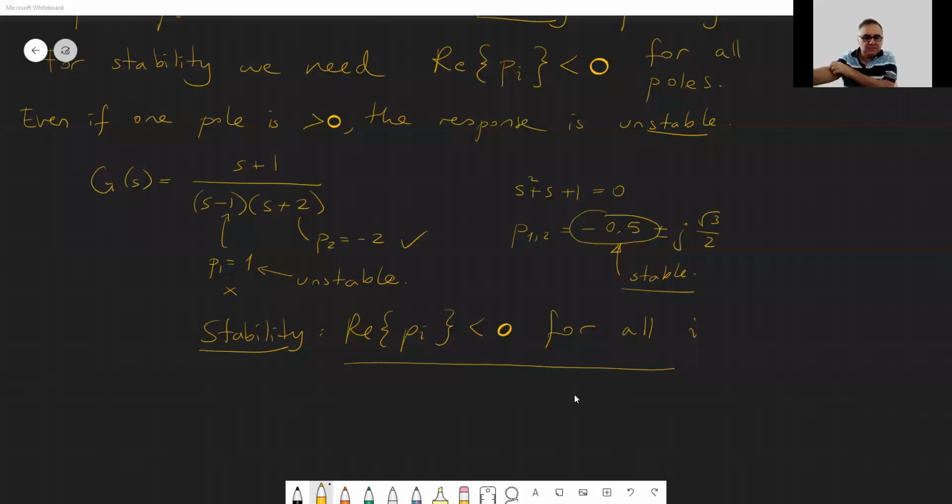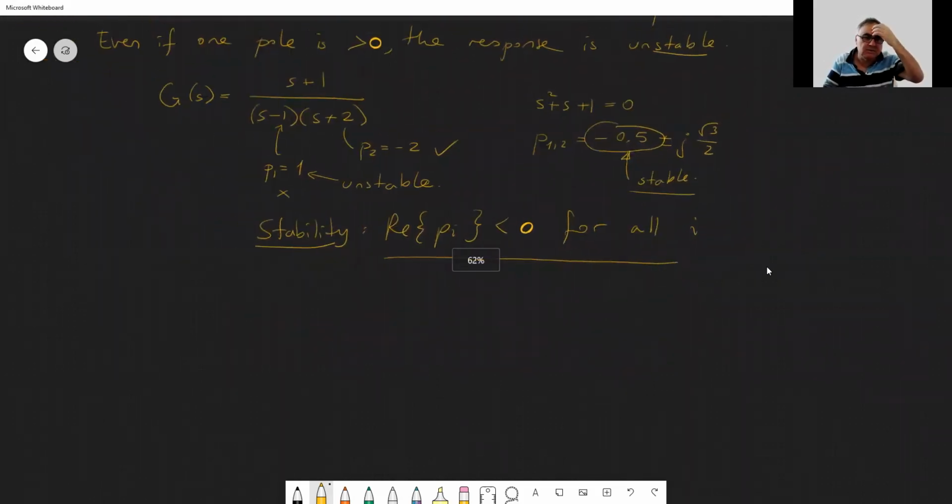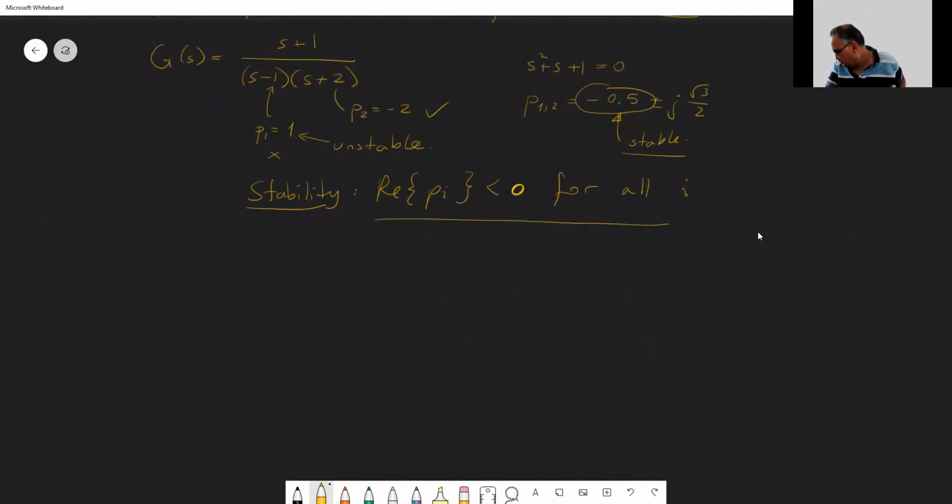So we found out the condition for stability. We will look at stability in more detail later on. This is just a very basic introduction. Now, as you see, we are moving from concrete, real physical systems to things that are abstract. That is, things like poles, zeros, stability, impulse response, etc., are quite abstract concepts.